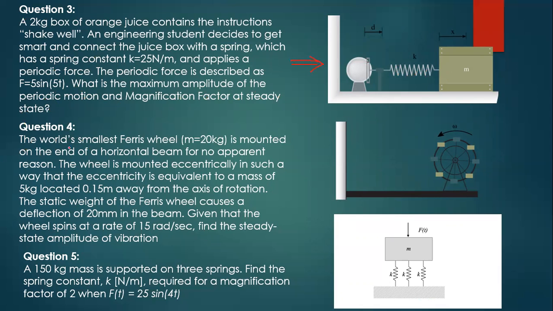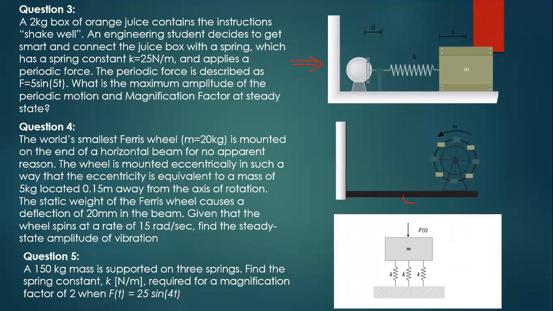And question number 4. The world's smartest ferris wheel, mass equal to 20 kg, is mounted on the end of a horizontal beam. Here we have the horizontal beam, and we have the wheel of 20 kg here.